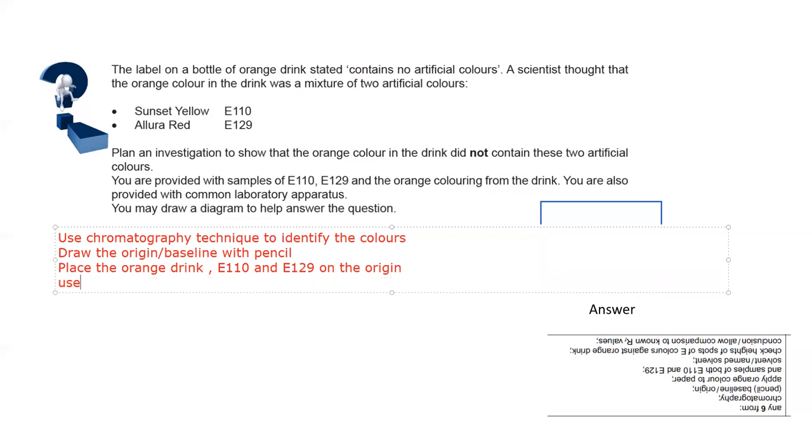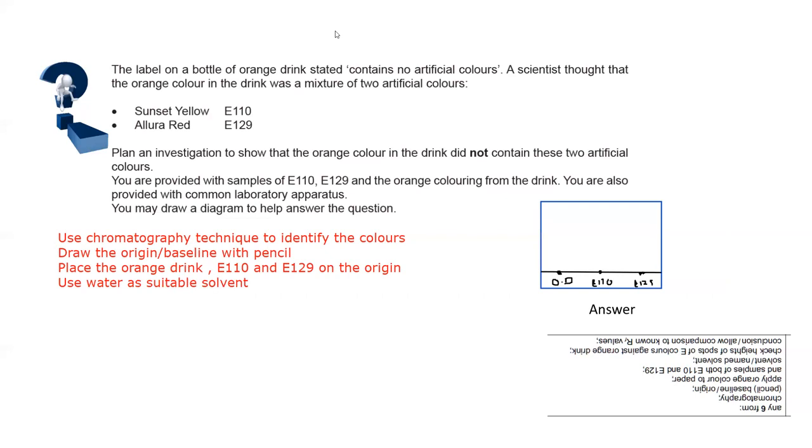Then, because food colors are mostly water soluble, we can use water as a suitable solvent. What are E110 and E129? These are the numbers given for the colors. Different food colors have different numbers, like sunset yellow and Allura red.